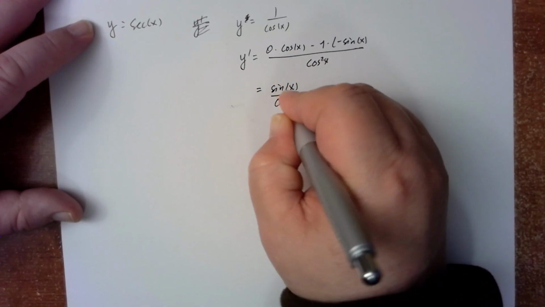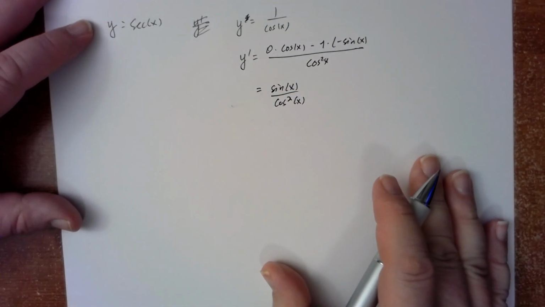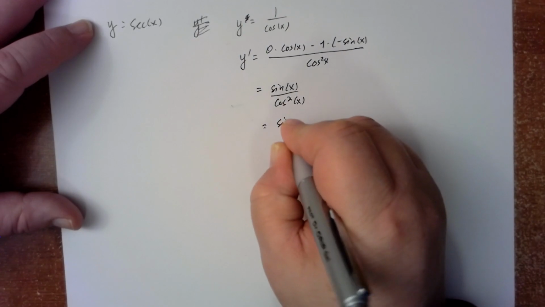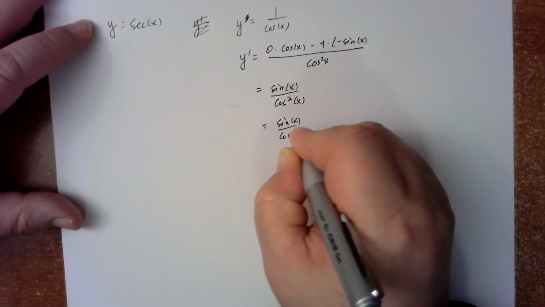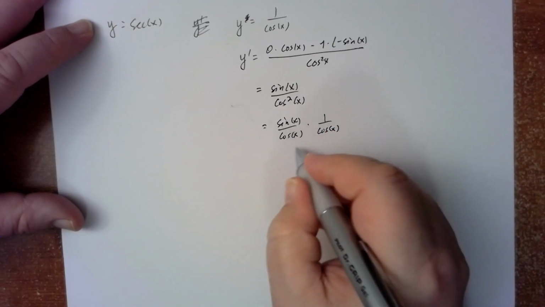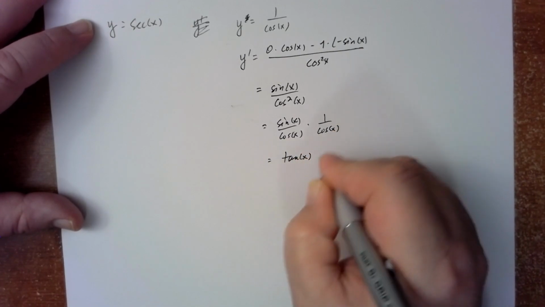Okay. And so this can be rewritten just like we did the last one as sine of x over cosine of x times 1 over cosine of x. And this is how you typically would see it. This is the tangent of x times the secant of x.